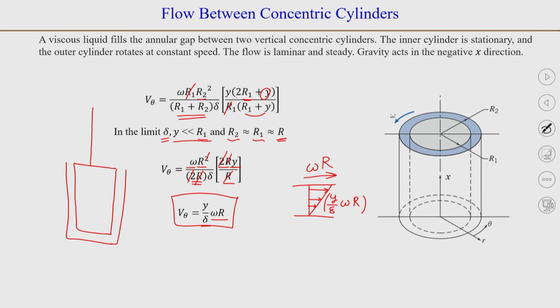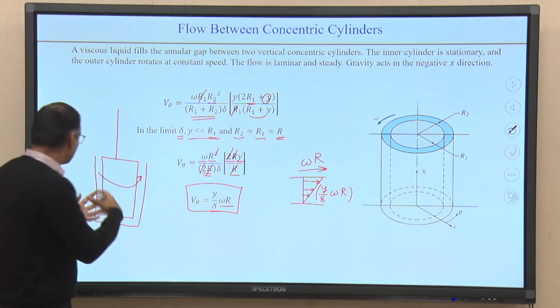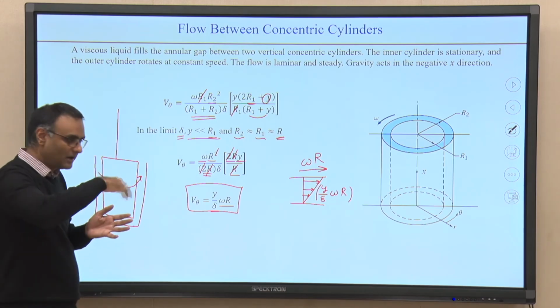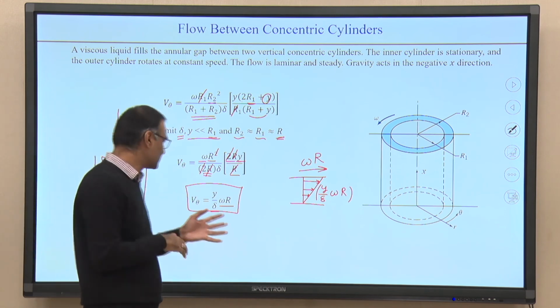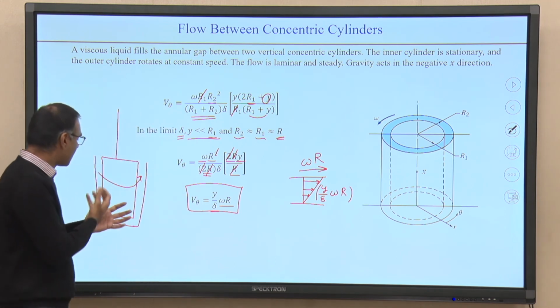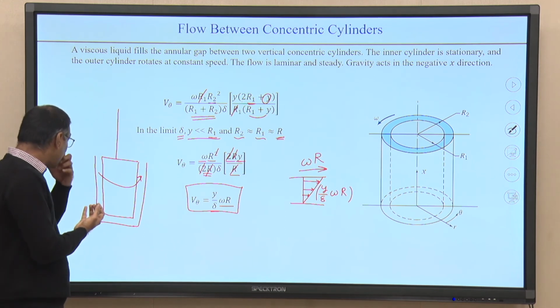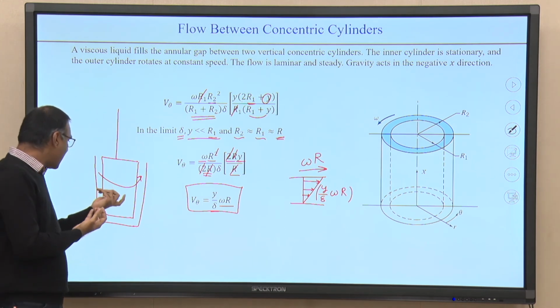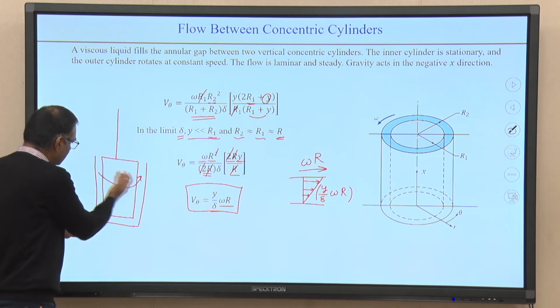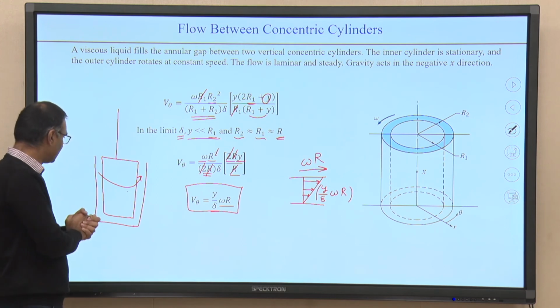Now, one can rotate this cylinder using a motor arrangement at a specific angular velocity. So, you can have a fixed omega r, and because of that there is flow between the two cylinders.